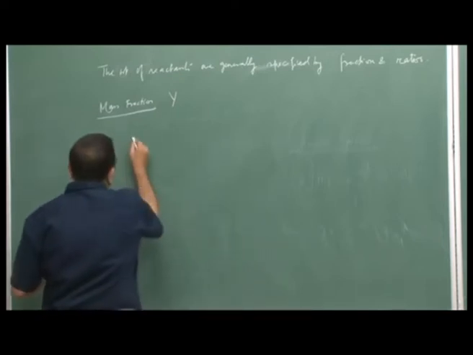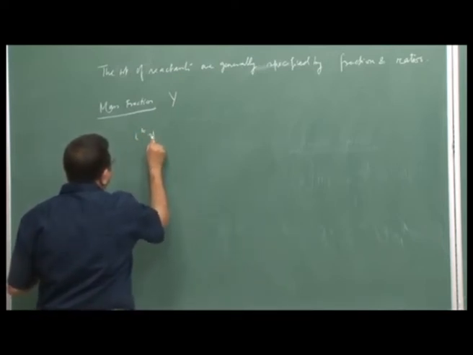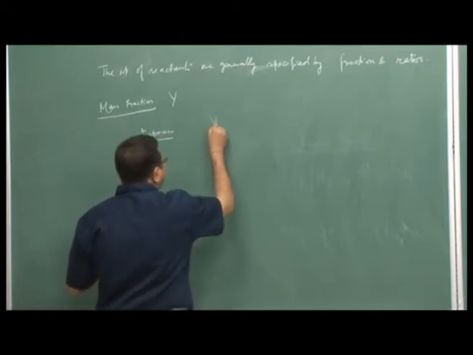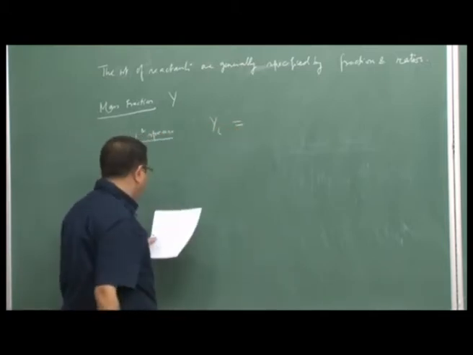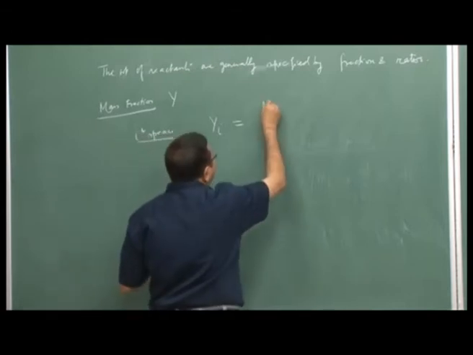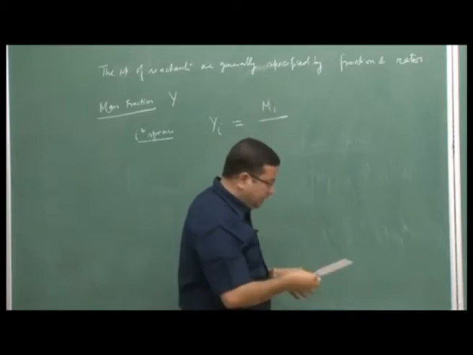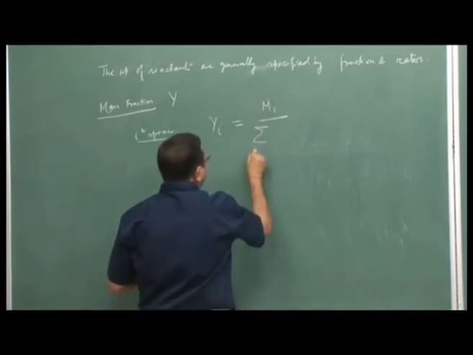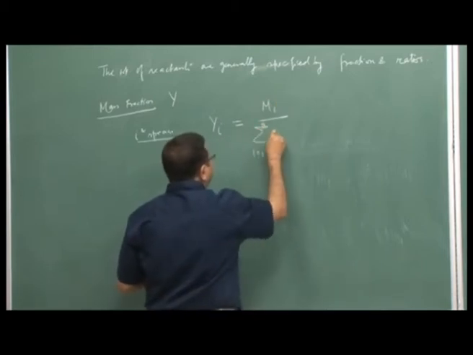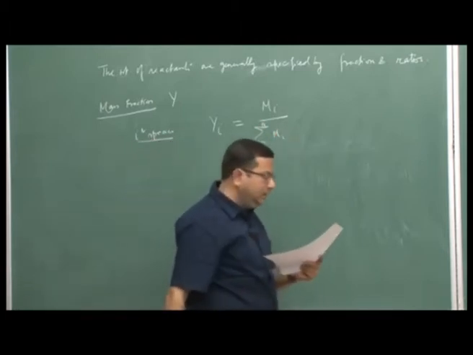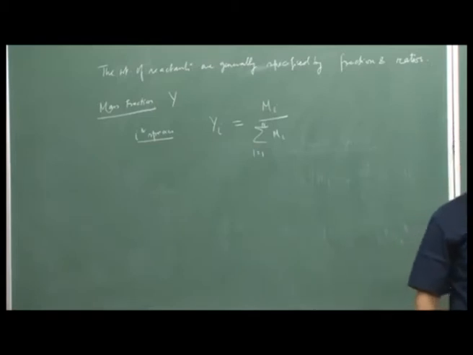For the ith species, now we have many species present, the mass fraction of the ith species, yi, is given as the mass of the ith species in the reaction volume divided by the total mass of all the species taken together. Okay. That is the definition of mass fraction.